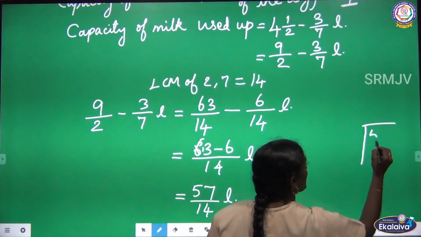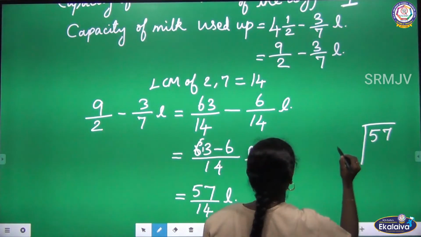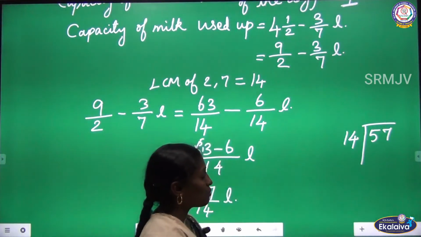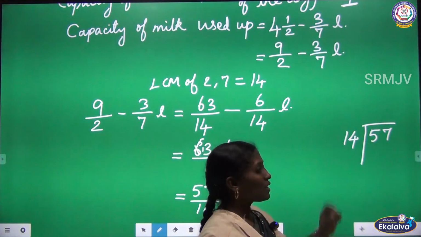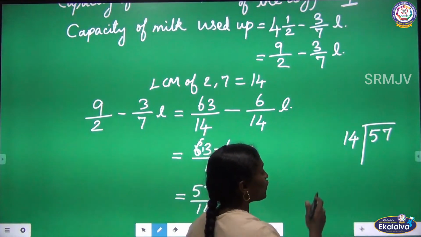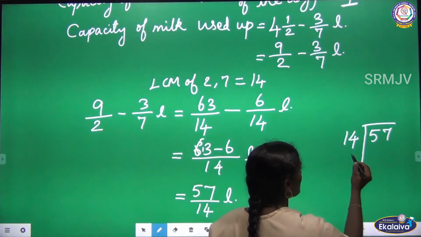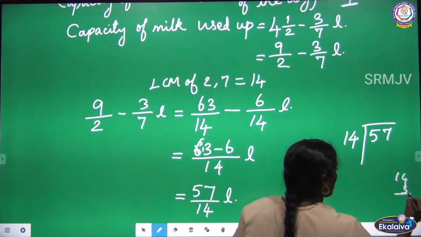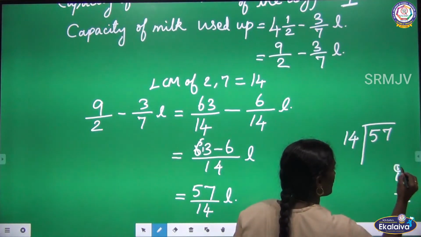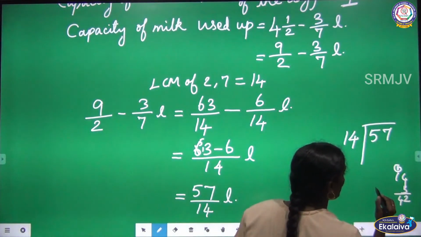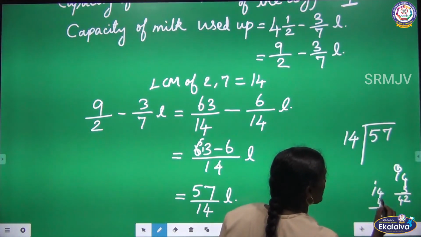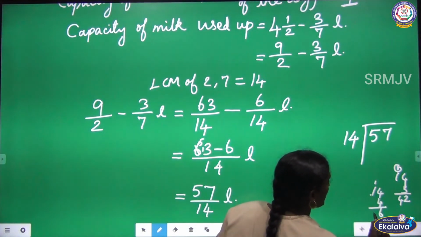We have to convert it into a mixed number. So we have to divide the numerator by the denominator. Here, in 57, how many times is 14 there? 14 3s are 42, let us check with 4 times. 4 4s are 16, carry over 1, 56.